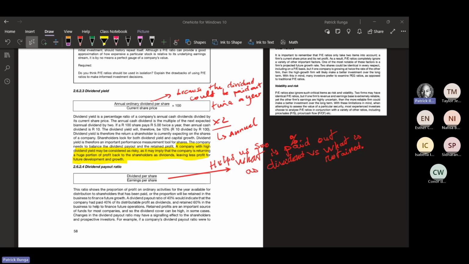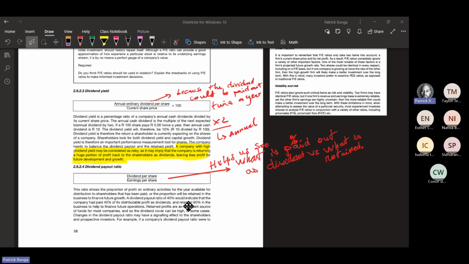So if we found out that the dividend payout ratio is 40%, automatically we know how much was retained. 100 minus 40. So we know 60%. The earning per share basically represents 100%, right? Part of it we paid out to the investors. So that's a percentage. What is the other percentage that was retained?